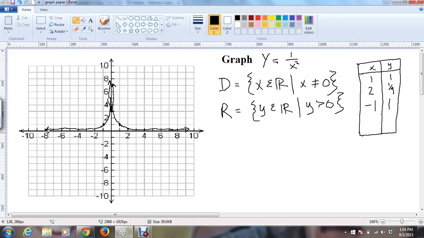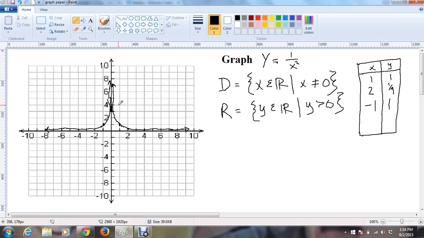So in this problem, you have a graph that looks a lot like 1 over x, except that the part of the graph that was in the third quadrant is now flipped up to the second quadrant, because we can't have any negative values for y. There's no way to get them. So this graph only happens above the x-axis.